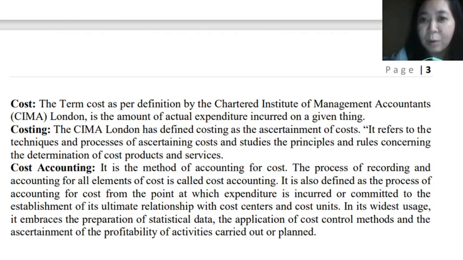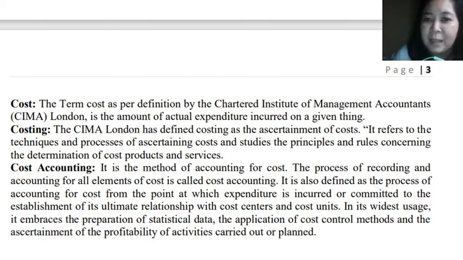It can also include how the cost control method was applied, or what are the appropriate cost control methods that could be applied, as well as preparation of statistical data. So this relates to the cost information sheet that is needed by the management for decision making.